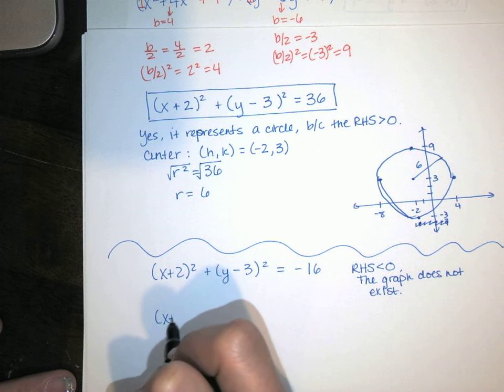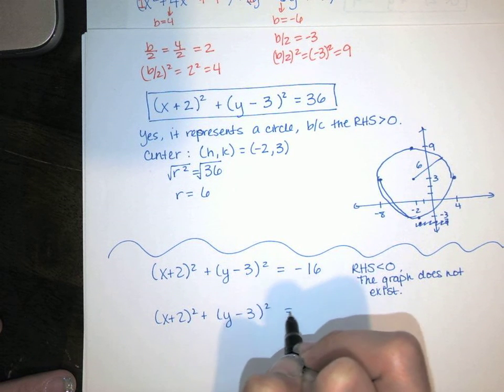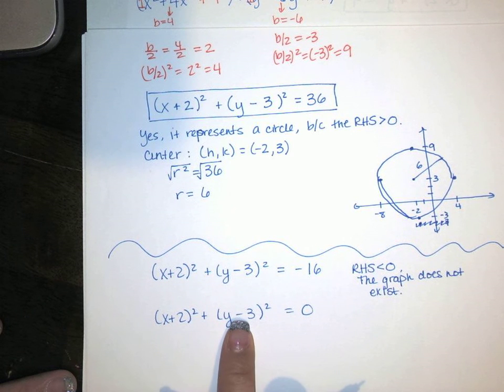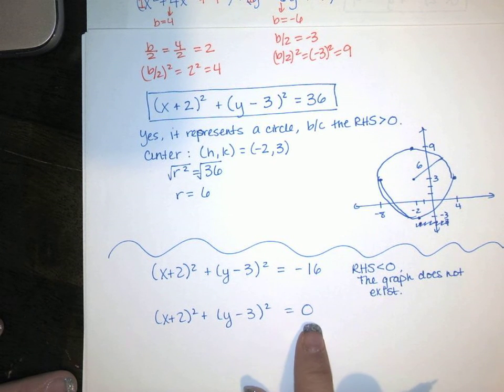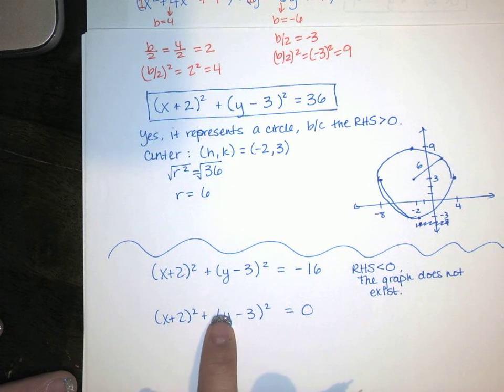Now let's say the right-hand side is 0. You get 0. Well, that's positive except for when it's 0, and that's positive except for when it's 0. It's only 0 one time. It's 0 when this in parentheses is 0 and when this in parentheses is 0.